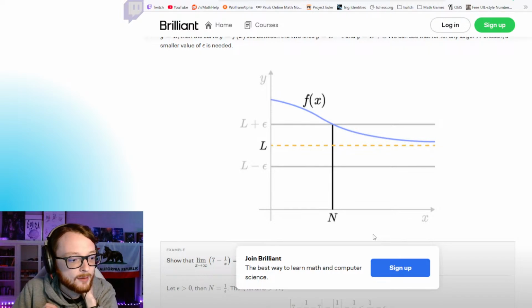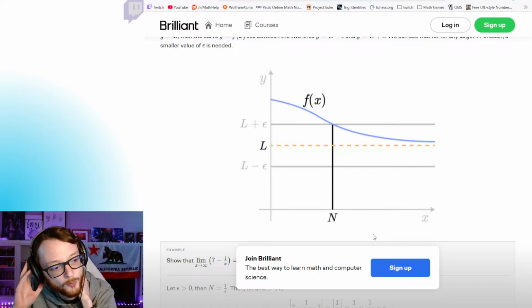And the idea is that that epsilon value could be really close to zero, like 0.000, tens of zeros and then a one. So it's getting arbitrarily close to the limit. And you can actually name a value n where that'll happen.